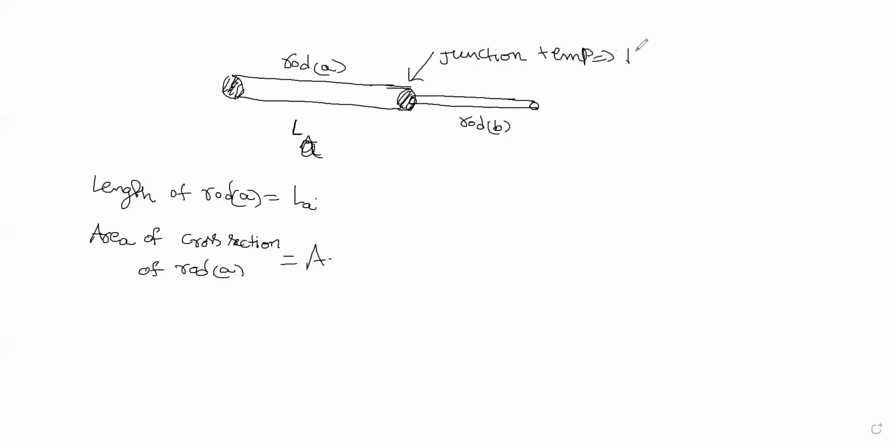We'll call it TJ. Junction means rod A and rod B are welded together at a certain point.